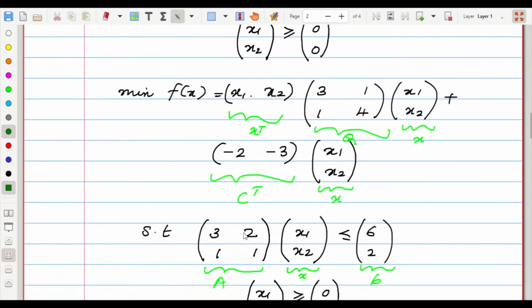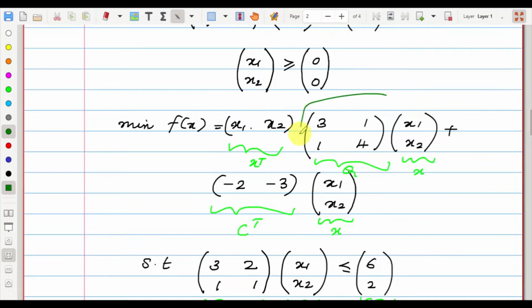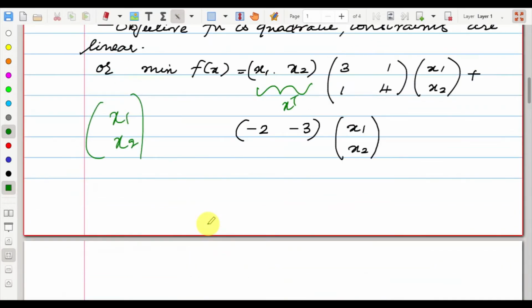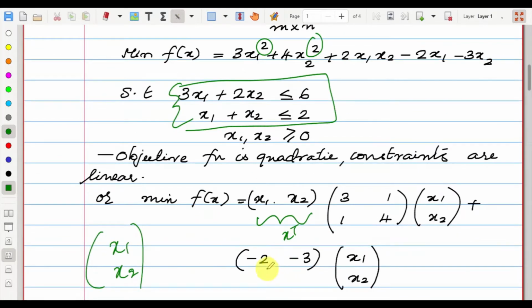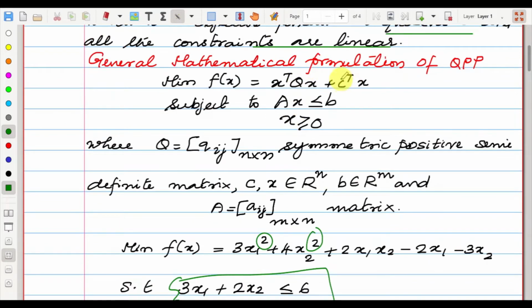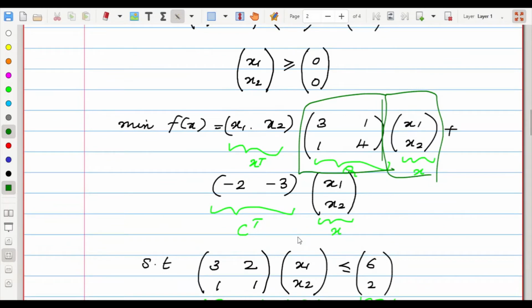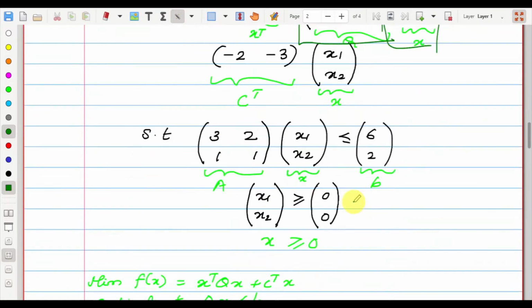So it will be x transpose, and this is our Q, and this is x, plus our coefficient matrix, then plus c transpose. c transpose is minus 2, minus 3, into x, which is x1, x2.